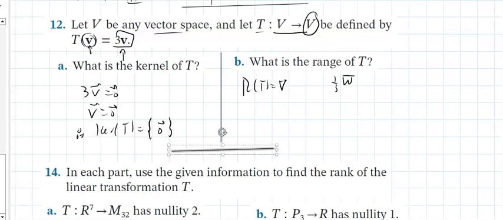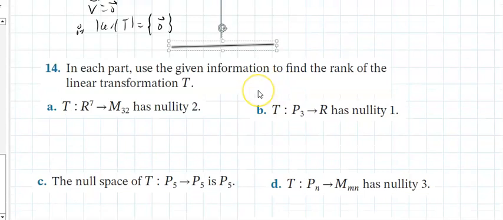And really quick, almost done. Nullity, pretty good. We take R7. If we take R7, remember the dimension will be 7.